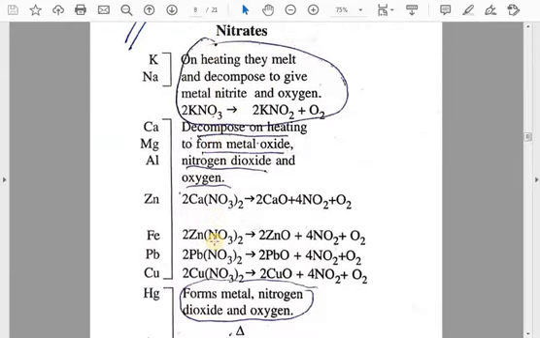Last category is your nitrates. Here sodium and potassium nitrates are already shown in one of the reactions. They decompose to give the metal nitrite and oxygen. Remember this spelling. There is another word called nitrite, which is NO2 minus. So don't mix up these two.